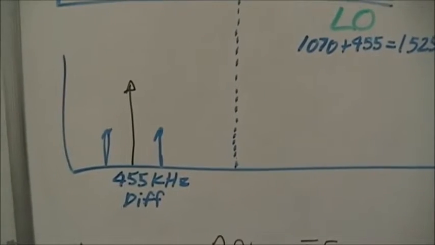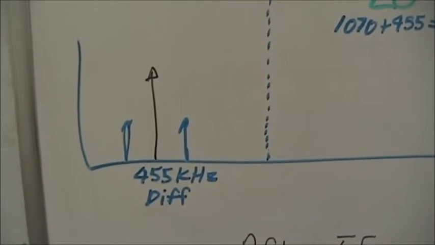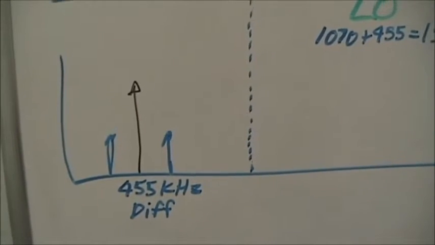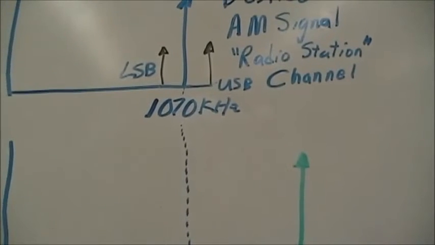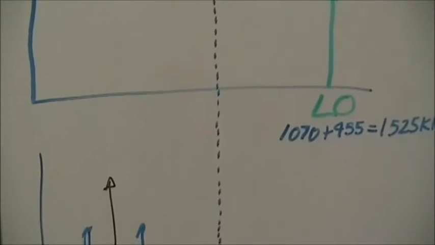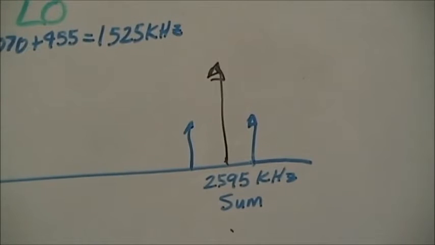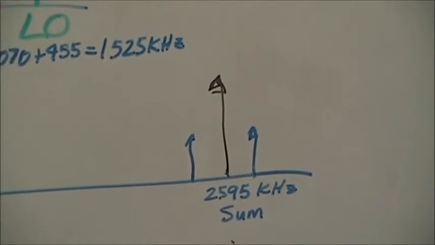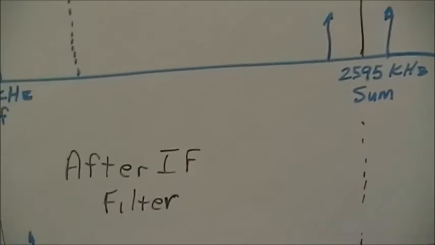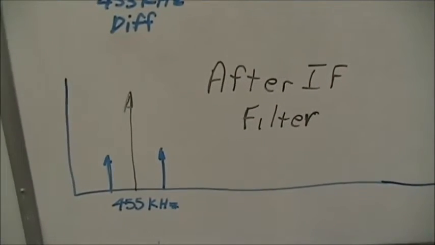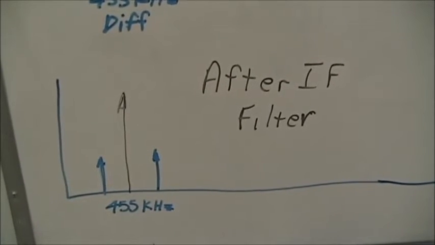So in the mixing process, we create a 455 kilohertz, which is the difference between the local oscillator at 1525 and the RF at 1070. Of course, we also produce a sum frequency, which is 1070 plus 1525, or 2595 kilohertz. After the filter, we are only left with 455. This is the superheterodyne process with the IF filter.